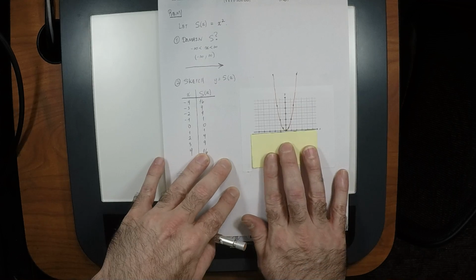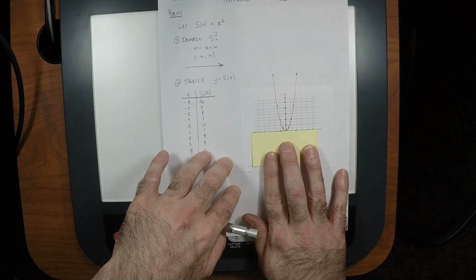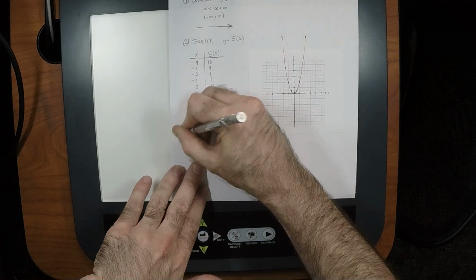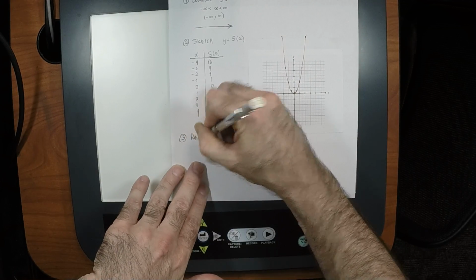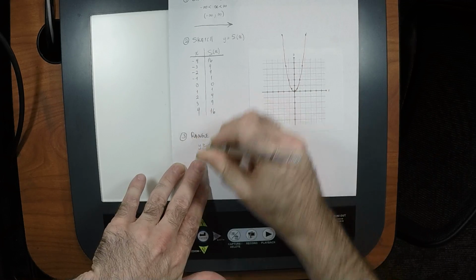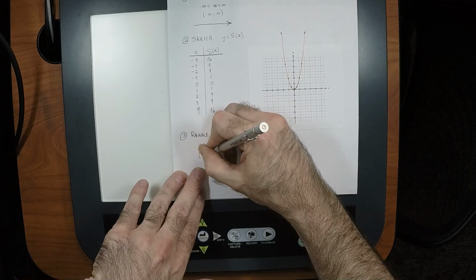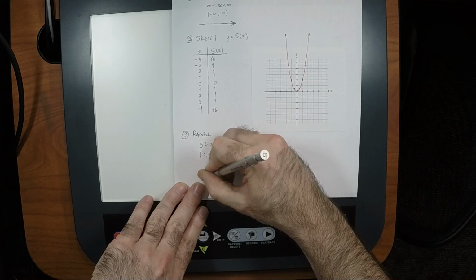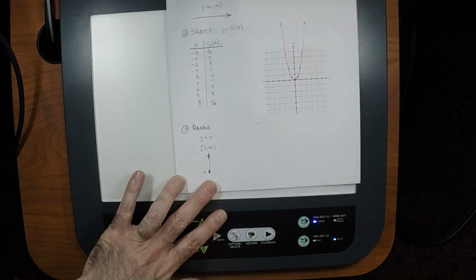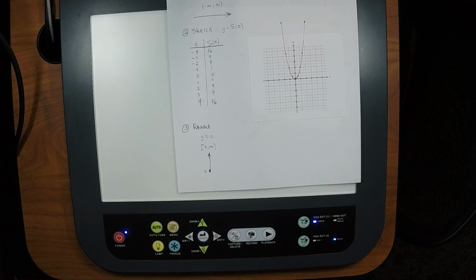The range starts right there at y = 0. So the range is y greater or equal to 0, which could be written like that, which could be drawn like that. Interesting.